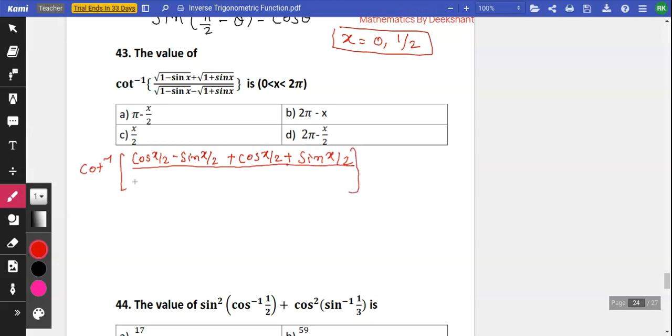Due to the negative sign, the signs of cos and sin both change.